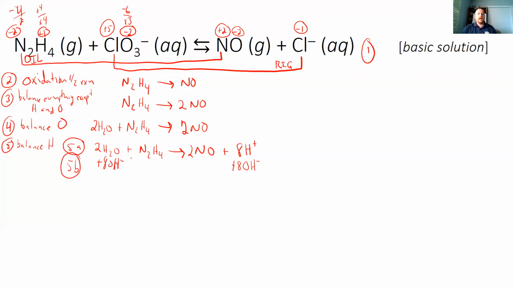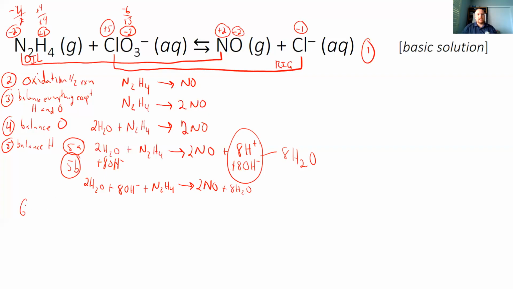Okay, now when I combine these, I'm going to get 2H2O plus 8OH minus plus N2H4 on my reactant side, and then I'll have 2 nitrogen monoxides on my product side, plus remember, when I combine these, that gives me 8 H2Os, right? H plus and OH minus. Each pair gives me a water. So that'll be plus 8 H2O on that side.